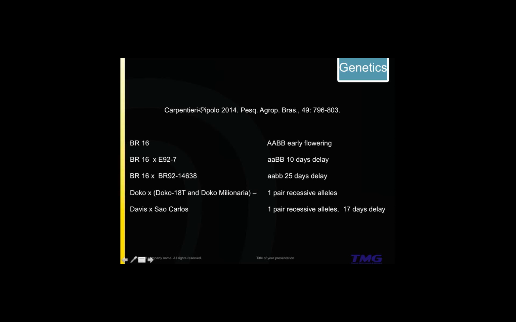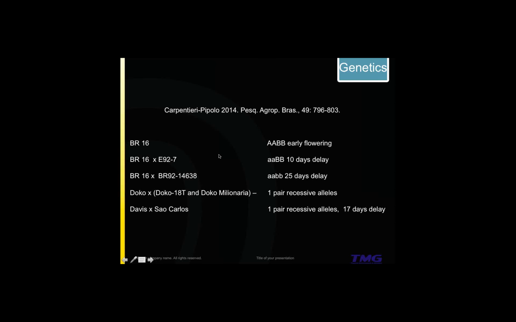A work done by Valeria Carpentieri, where she studied, and they have more data to publish. They did genetic studies on the long juvenile trait, using, for instance, the BR16, which used to be a very popular variety here for southern Brazil, and 2 mutants selected in seed production fields that were late flowering or late maturity.